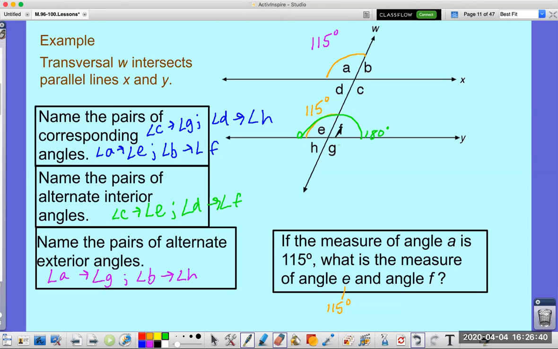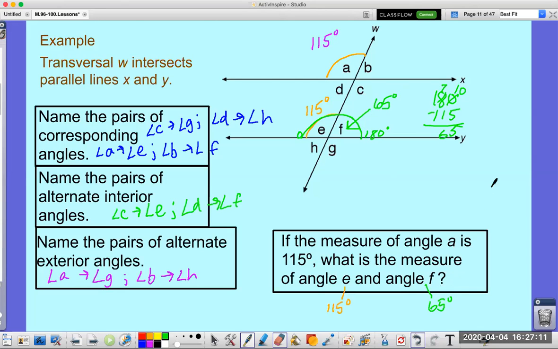If the whole thing is 180 degrees, we can take this 180 and subtract what we do know, the 115, to find out what's remaining here. So that means this angle F has to be 65 degrees.